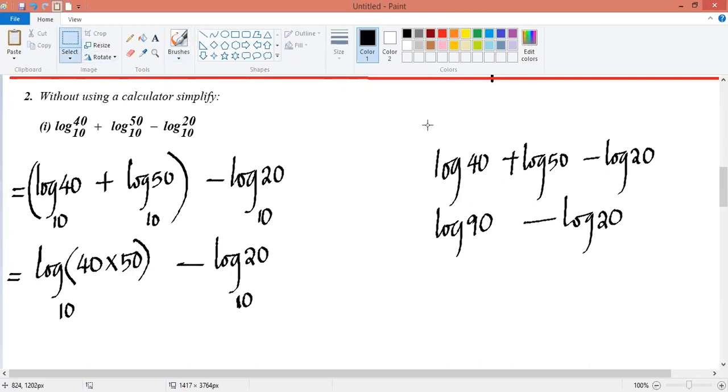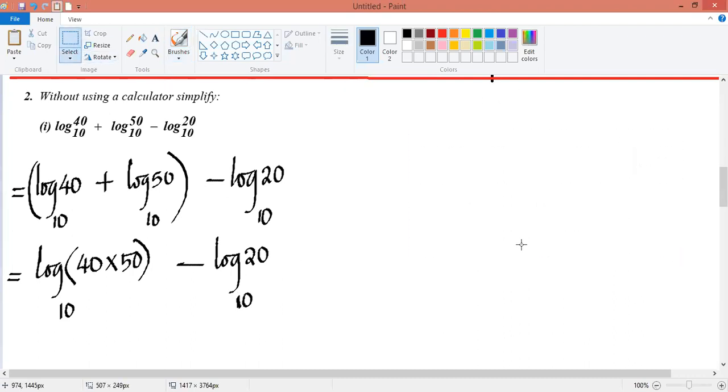Are we at the same level? Do we agree with that? Yes. Good. So from the laws, that becomes log of 40 times 50. Is that 200 or 2000? 2000.